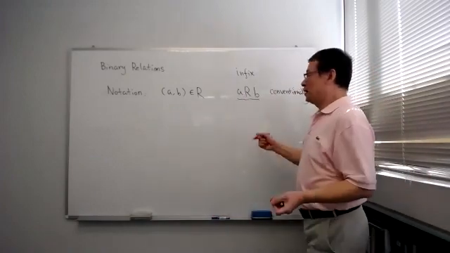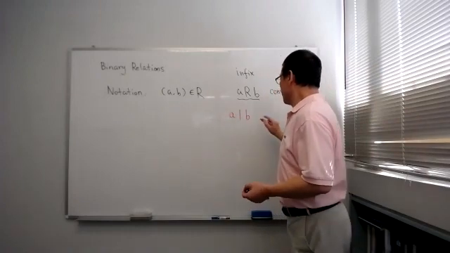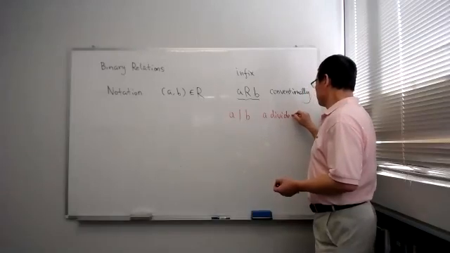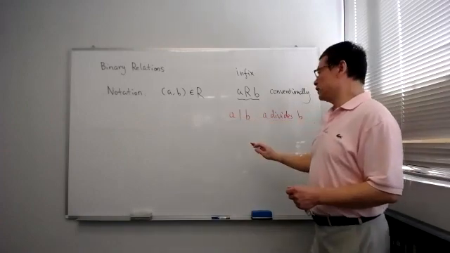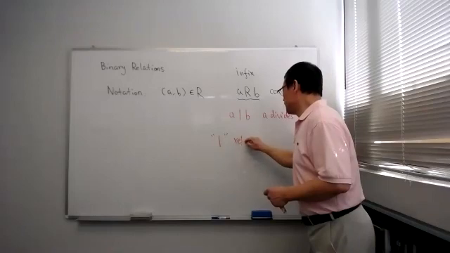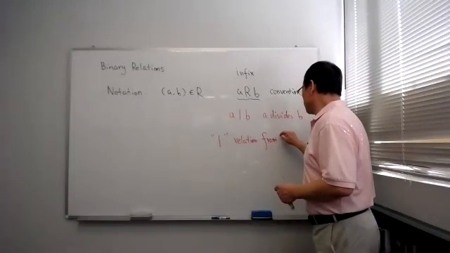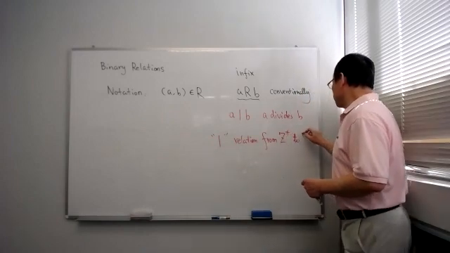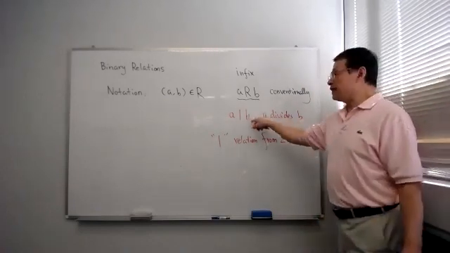For example, A divides B. It's a relation. So this one is a relation from positive integers to positive integers. Whether integer A divides B or not.